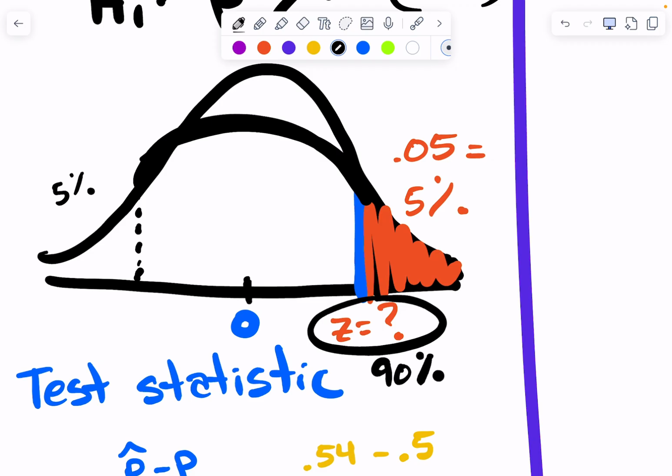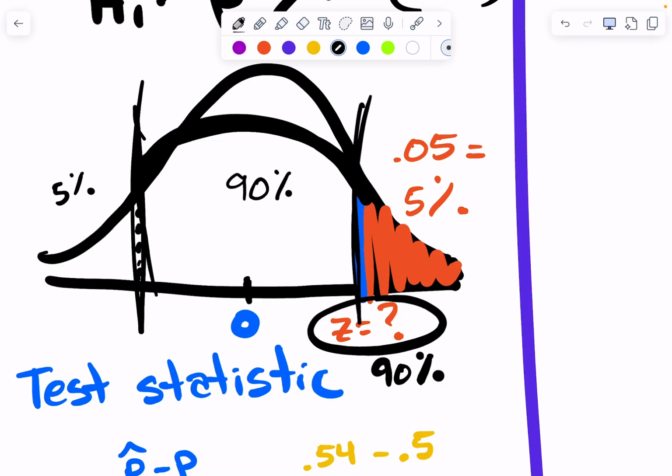Why 90%? Because 90% would be the middle that's not considered significant. Does that make sense? If it's beyond in that top 5%, it's considered significantly high. It's also significantly low if it's in the bottom 5%, although we're not looking at that, right? Because we're only interested in the top 5%, okay? So we're looking at 90%.